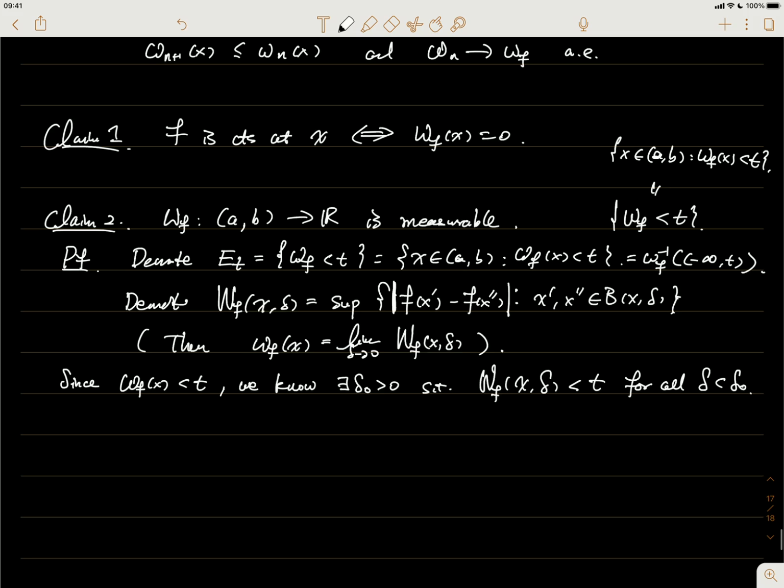Okay, and because of this, we know that for any y in this B(x, delta 0), there exists a delta y such that, because y is a point in this open interval, y is an interior point of this open interval.